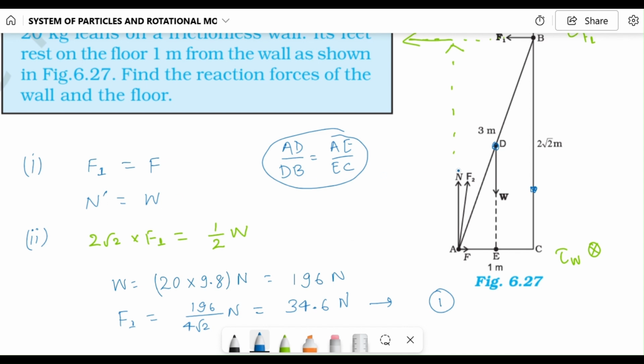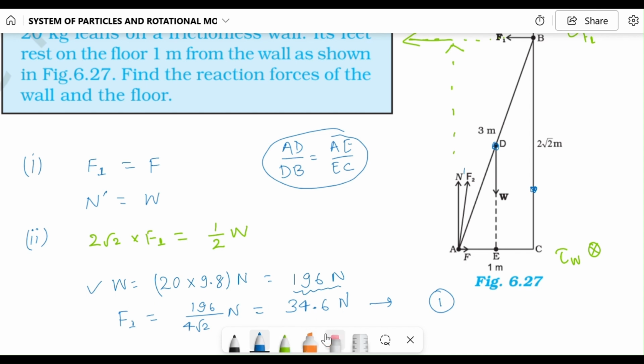We have written it as N prime here to distinguish it from this N, which we are using as the SI unit of force. So this N prime will be equal to this weight, and we have this thing already here. Now F1 we know, F1 is equal to F. Yes, here F is equal to this F1. So we have both things here, F and N prime.